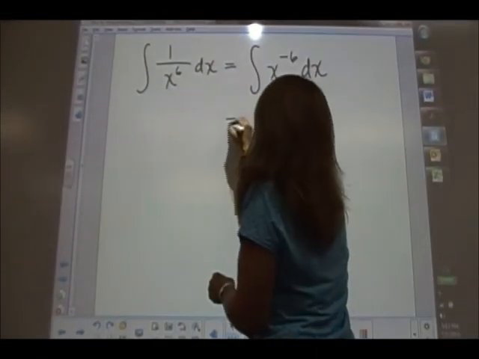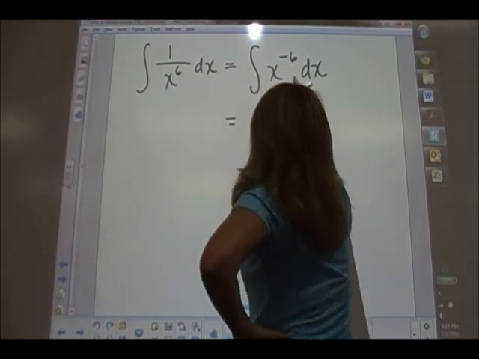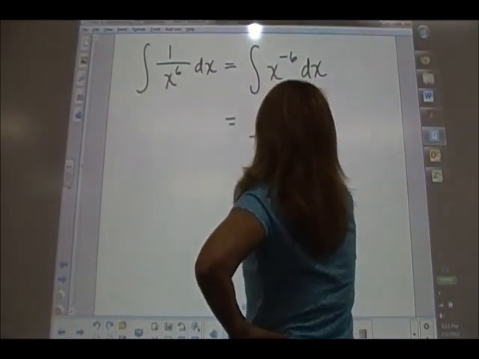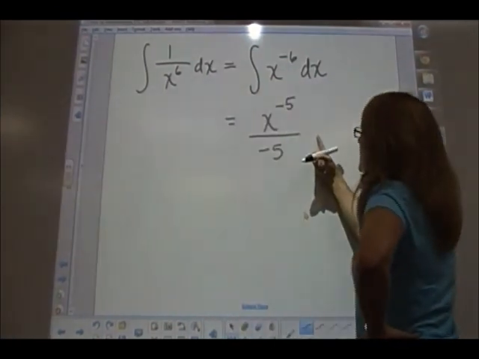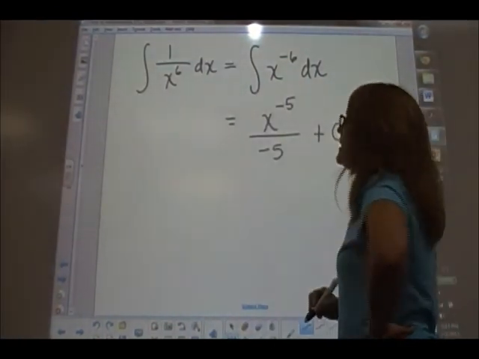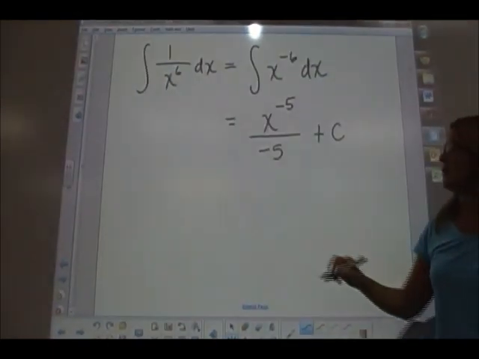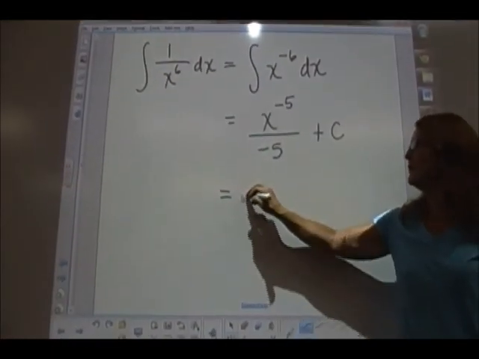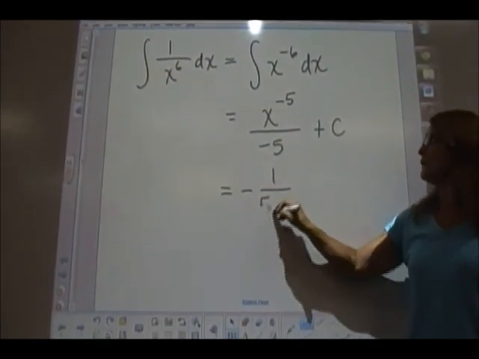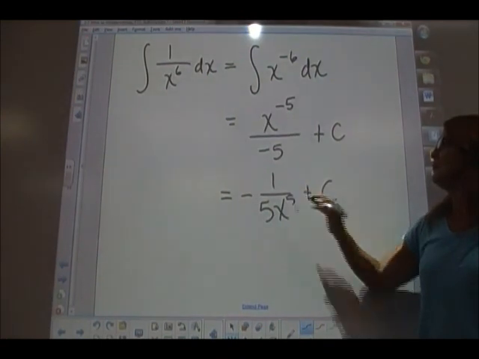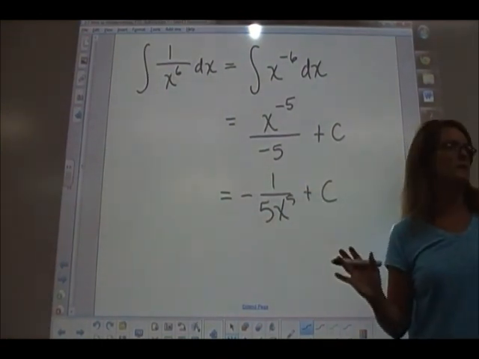So as I use the rule, I'm adding 1 to -6, so that's -5, divided by -5, plus C. You can enter it into WebAssign just like this, or an equivalent form would be -1 over 5x to the 5th plus C. That'll be perfectly fine, remember, all equivalent forms will be just perfect.